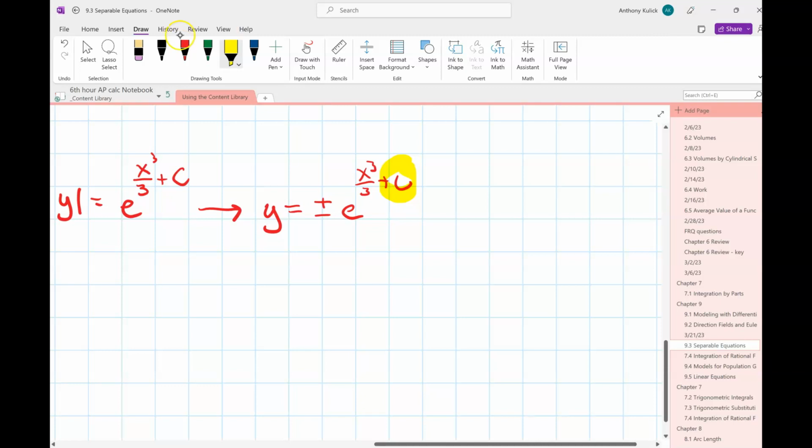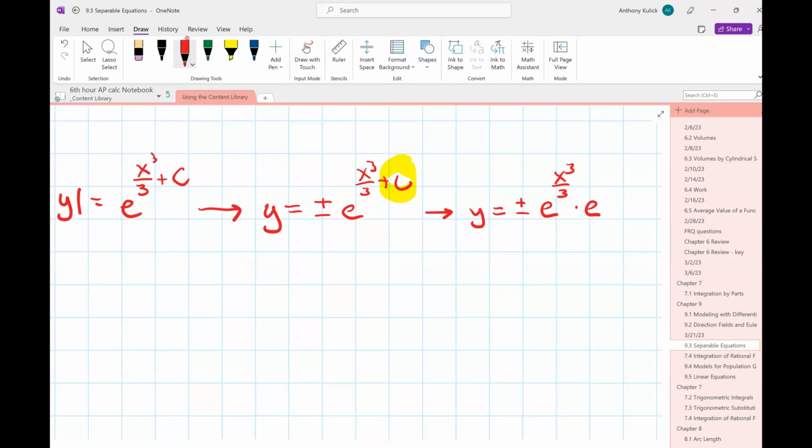When I have addition going on in the exponent, that's the same as multiplication, right? e to the c, if c is a constant, is itself just a constant, right?